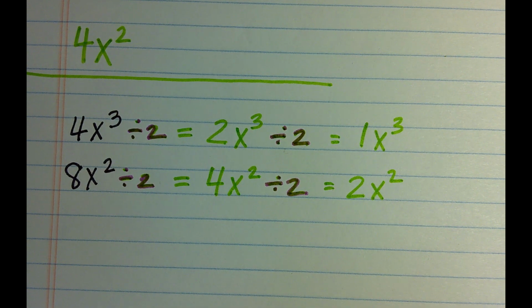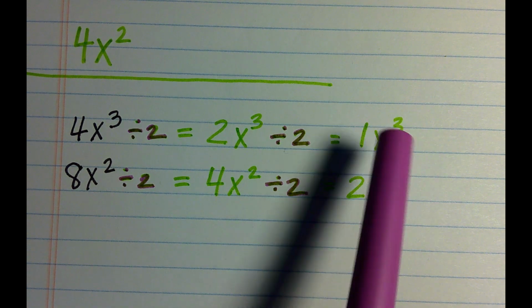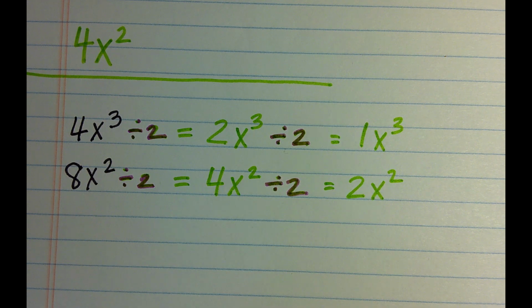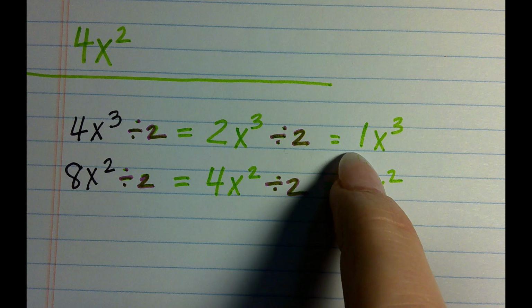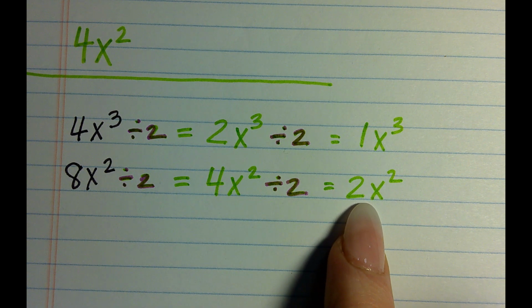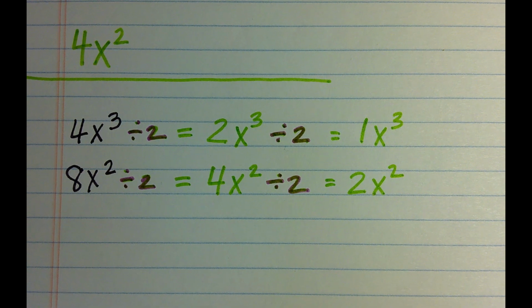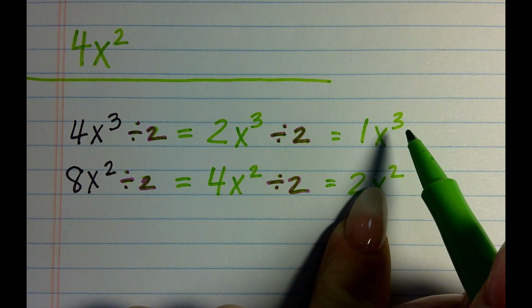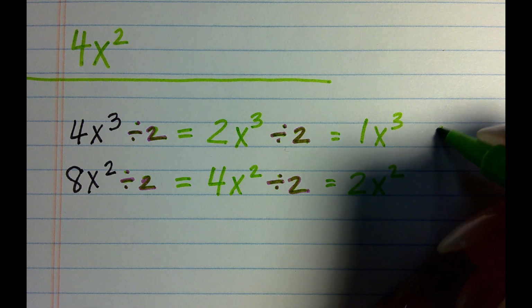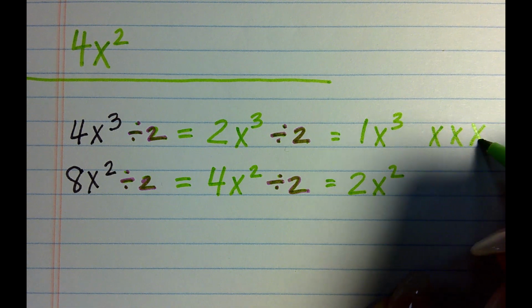Now let's see. Can I divide by any more numbers? No, I can't. I could divide by 1, but that wouldn't change either of these numbers. They're going to stay the same. So we've reduced the number value as far as we can go. But now let's look at our x's. I know that x to the 3rd power means x times x times x.